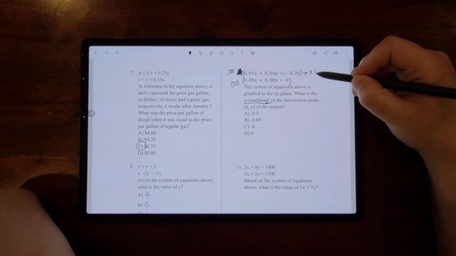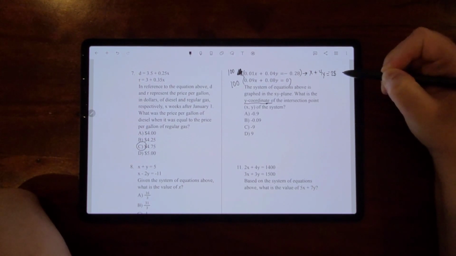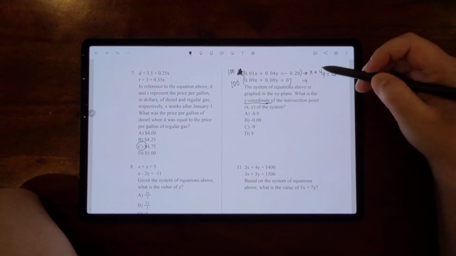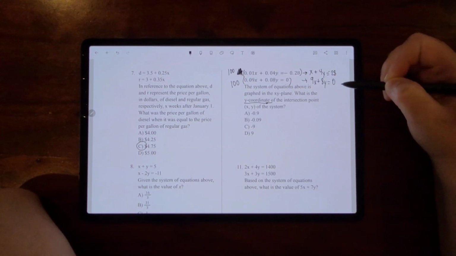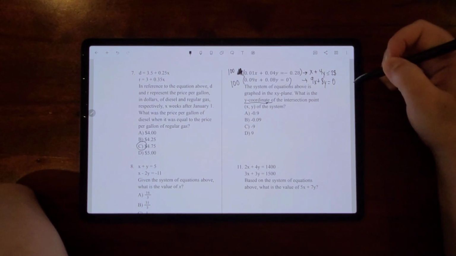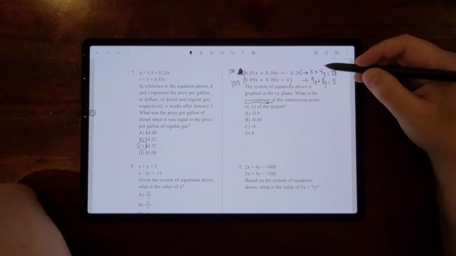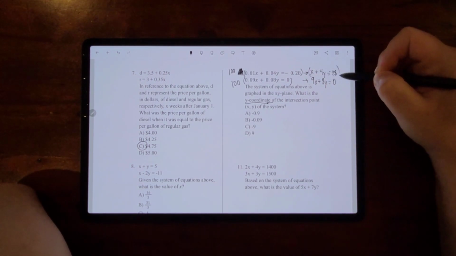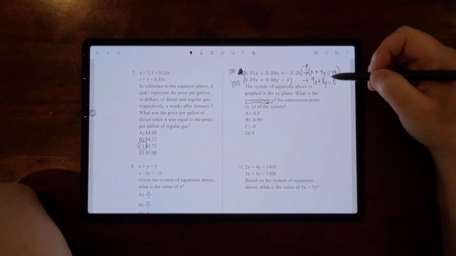So then this is going to be x plus 4y is equal to negative 28. And then this is going to be 9x plus 8y is equal to 0. Now let's do elimination, multiplying by negative 9 to get rid of the x value, so then I can just solve for y.